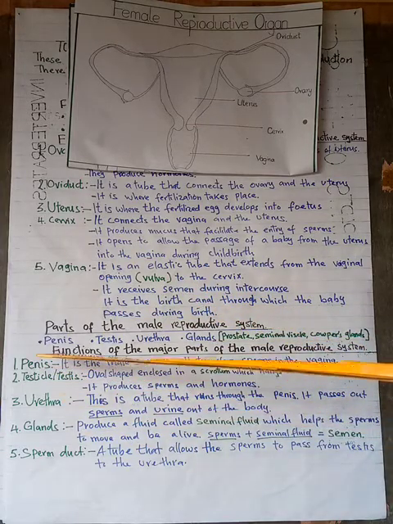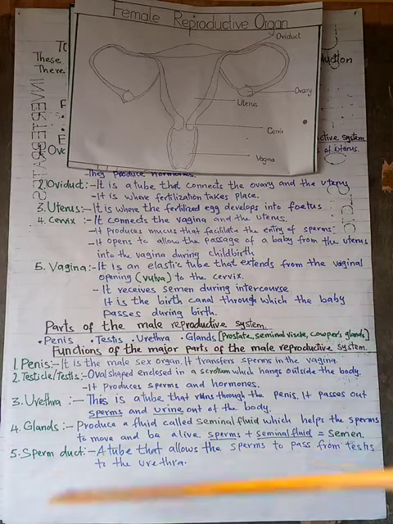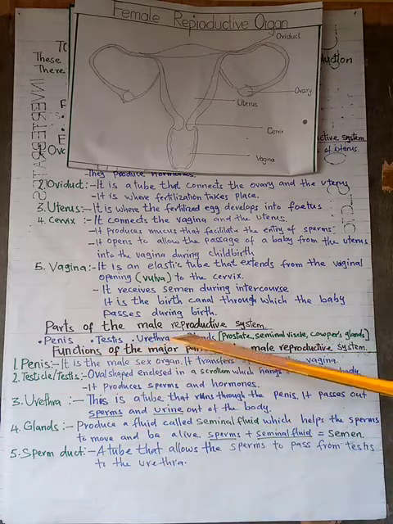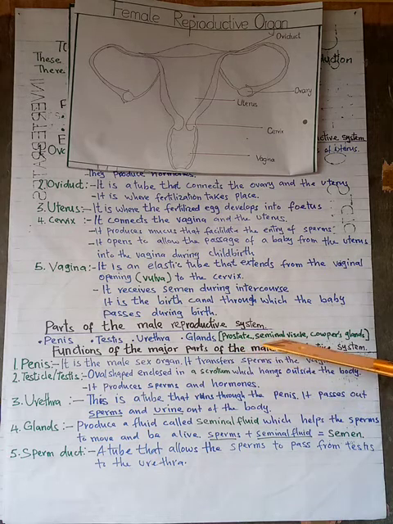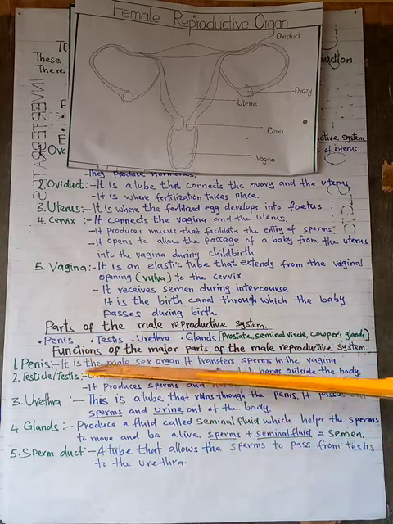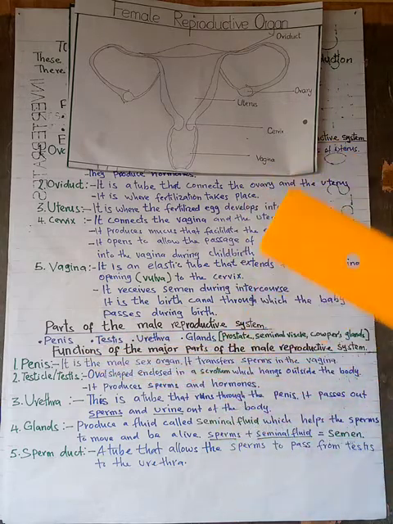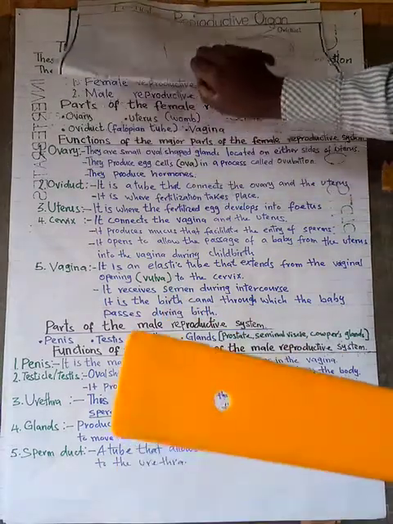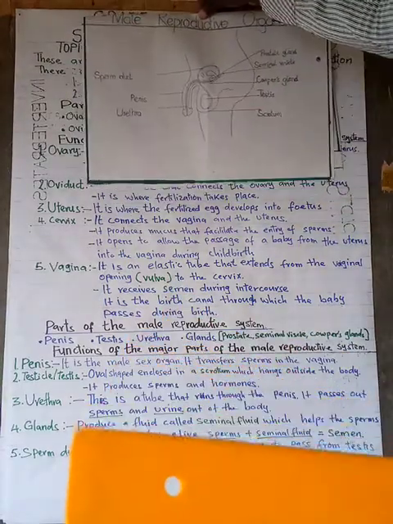So let's look at the parts of the male reproductive system. The parts of the male reproductive system are the penis, testes, urethra, and glands, where we have the prostate gland, seminal vesicle gland, and Cowper's gland. Let us see the parts first.